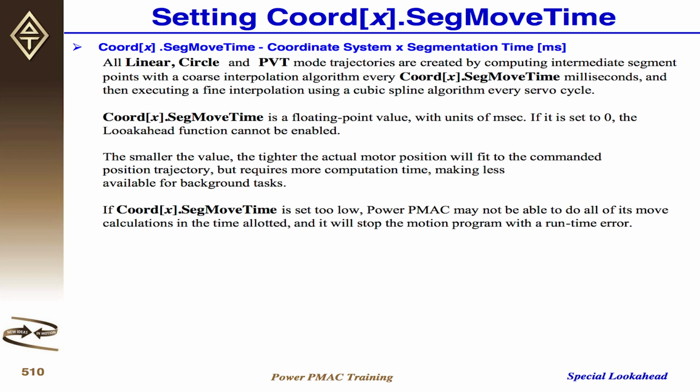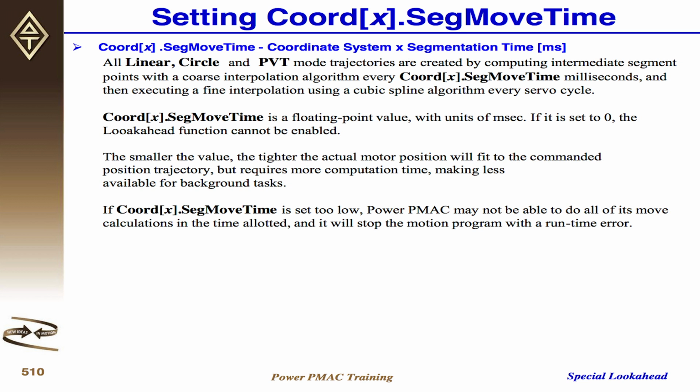So segmentation move time is a floating point number, and it's in milliseconds. If it's set to 0, the lookahead will be off. If you want to enable the lookahead function, you need to set it to greater than 0.